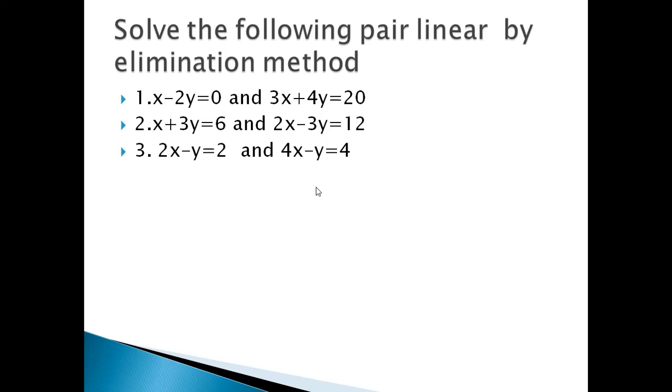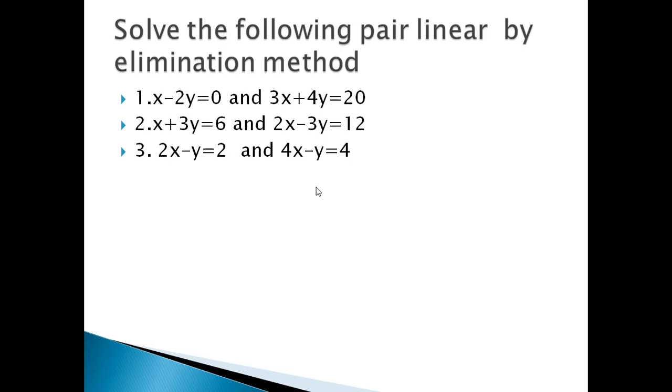Okay, students, I hope you are all following me. This is very important for your examination, and this is a very simple method. First we have to observe the first terms, whether they are equal; if so, go directly with subtraction.